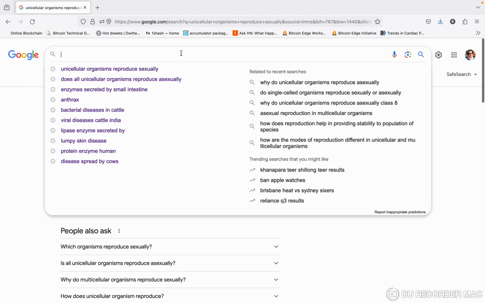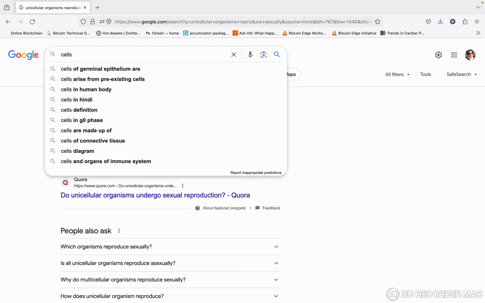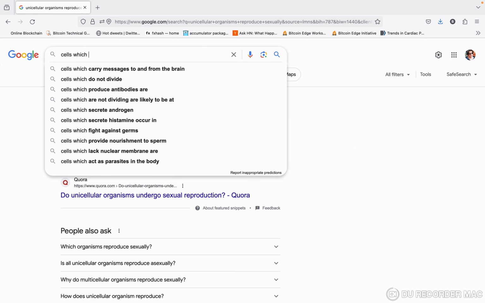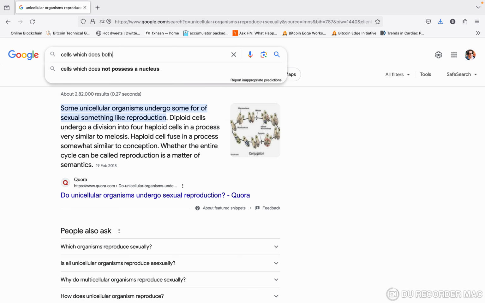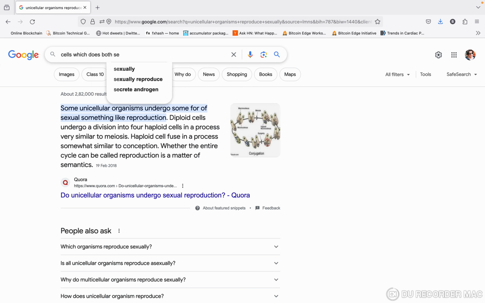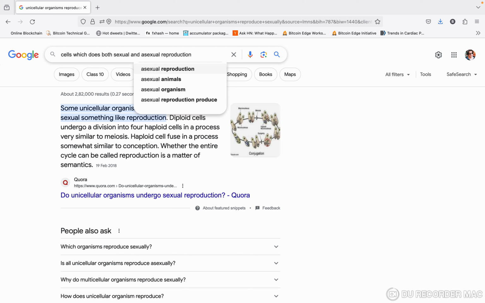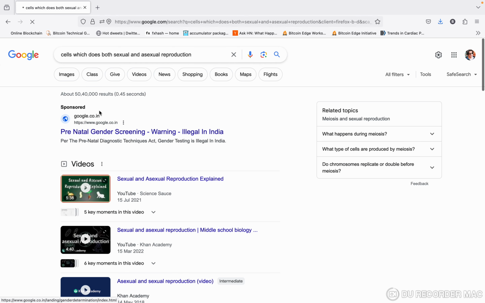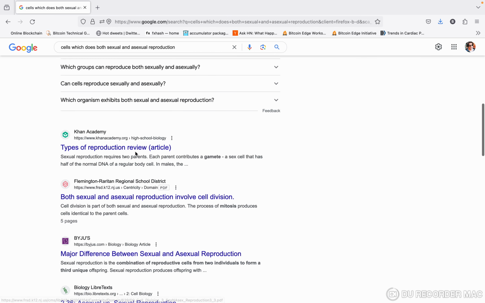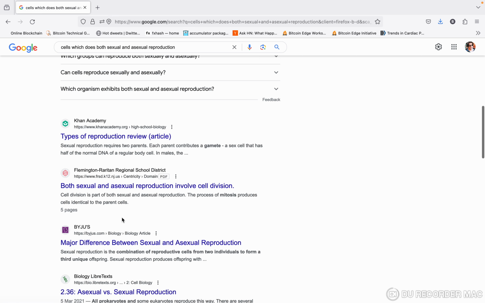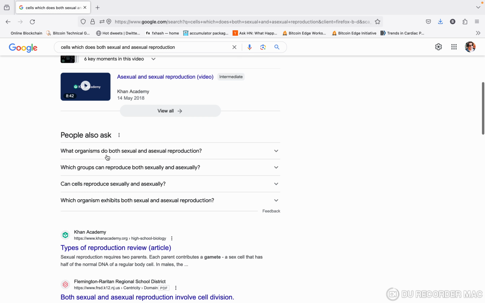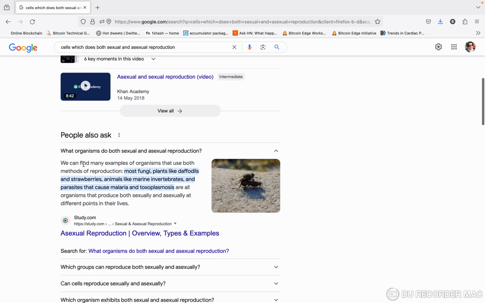What are they called? You can find many examples, most fungi, plants like strawberries, animals like marine invertebrates.